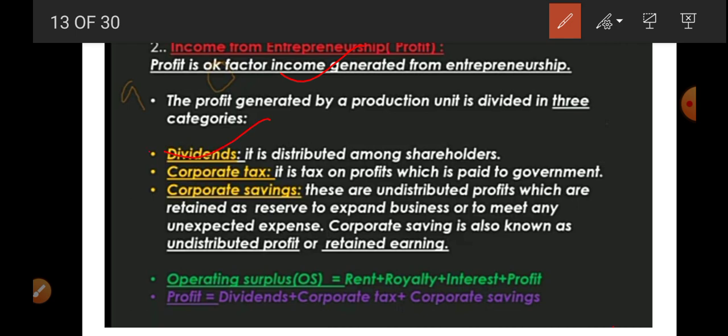Dividend is given to shareholders. Corporate tax is paid to the government. Corporate saving: after these two payments, whatever remains is known as corporate saving. Its another name is undistributed profit and retained earning. So in this way, operating surplus is the sum total of rent, royalty, interest and profit. Profit is the sum total of dividends, corporate tax and corporate saving.